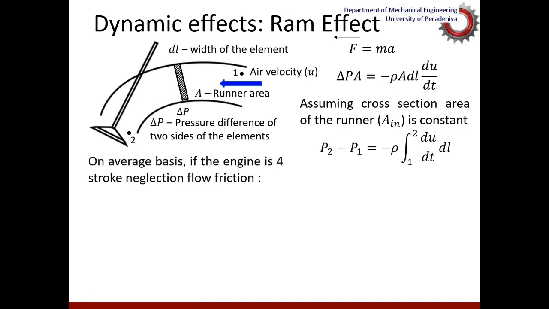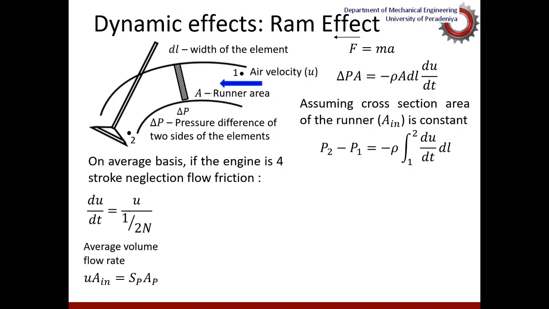And if you consider things on an average basis, if the engine is a 4-stroke engine, we know that du over dt is the acceleration, that is velocity over the time period for one cycle, for example. So if it is a 4-stroke, then it is 1/2 N, where N is the speed in revolutions a second. And then the volume flow rate, as we looked at earlier: whatever comes in through the intake system should go into the cylinder.